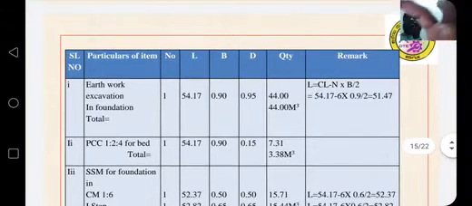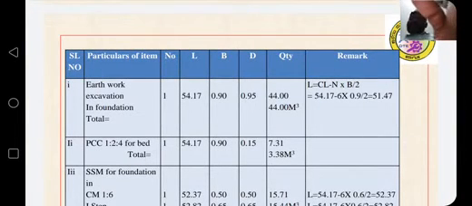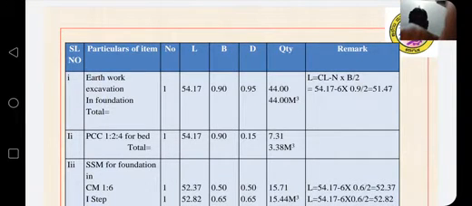The detailed estimation. First one is earthwork excavation in foundation. Number 1, length 54.17, total center to center length, minus number of walls into B by 2, gives the quantity of 0.47.